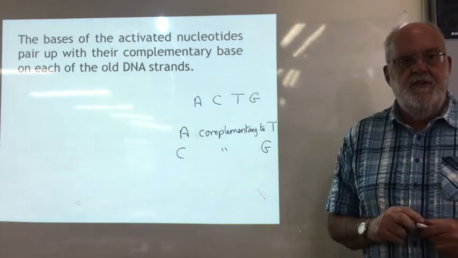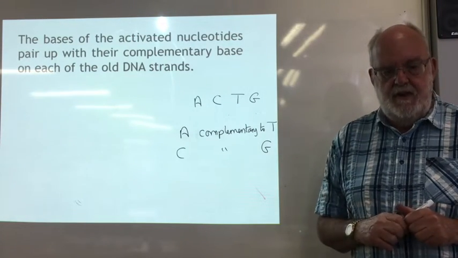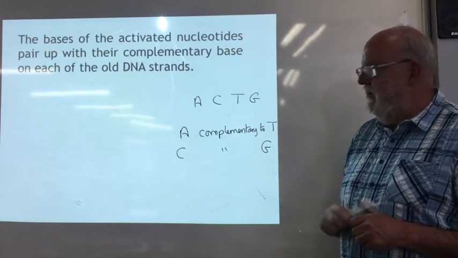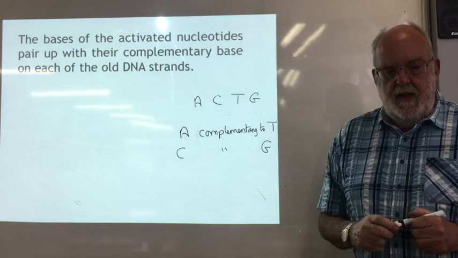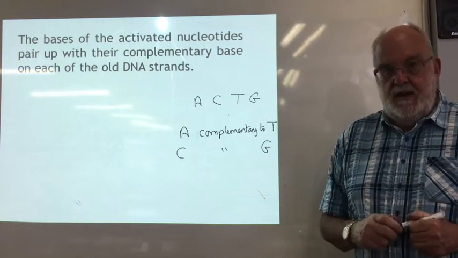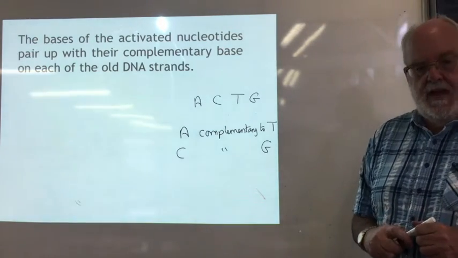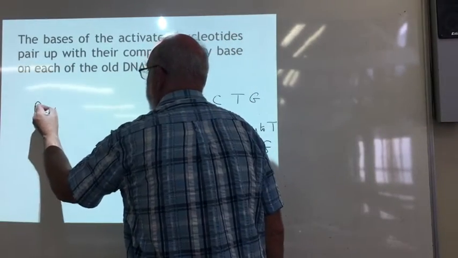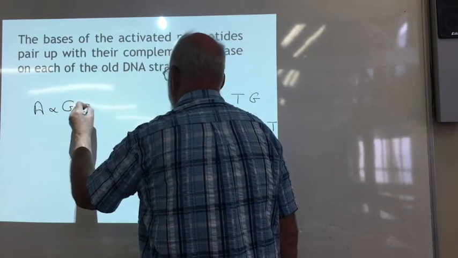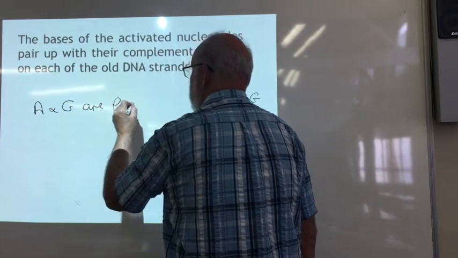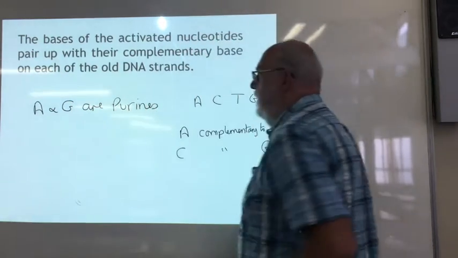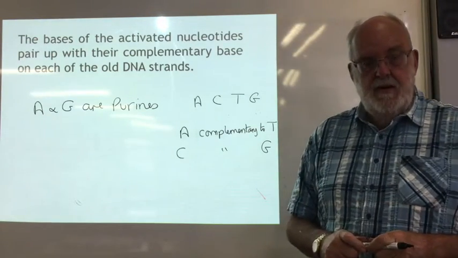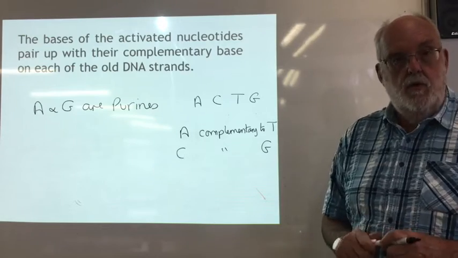Now, before we go into the nitty-gritty of how they join up, it's worth just looking a little bit more at what makes these things complementary. Adenine and guanine belong to a group of chemicals called purines. Cytosine and thymine belong to a group of chemicals called pyrimidines.